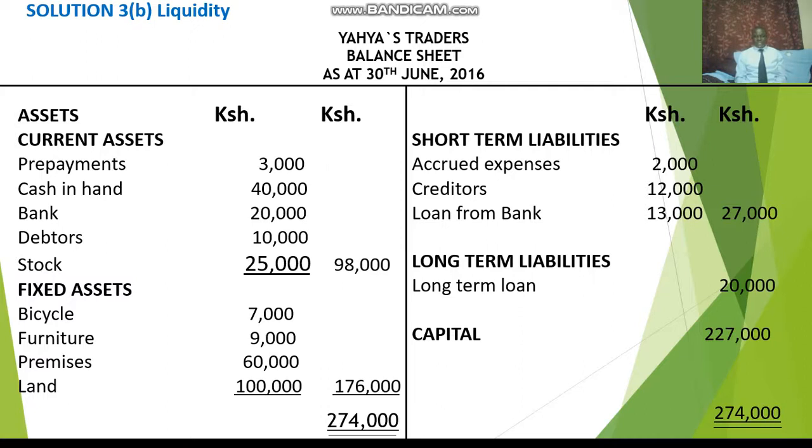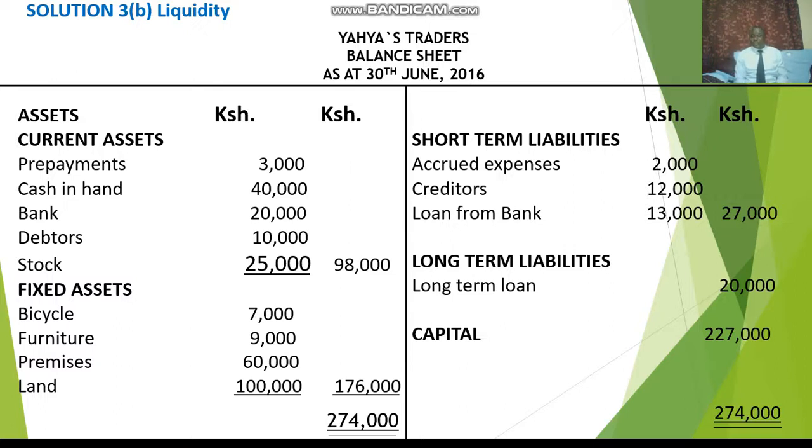When you come to fixed assets, we find a bicycle can easily be converted into cash than land that's owned by a business, or than premises and the furniture that's owned by a business. So in this case, they're in the order bicycle, furniture, premises, land. When it comes to liabilities, short-term liabilities can easily be converted into cash than other kinds of liabilities.